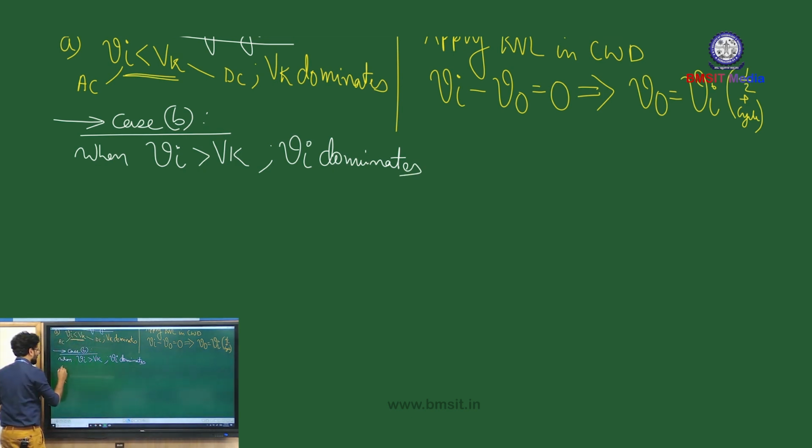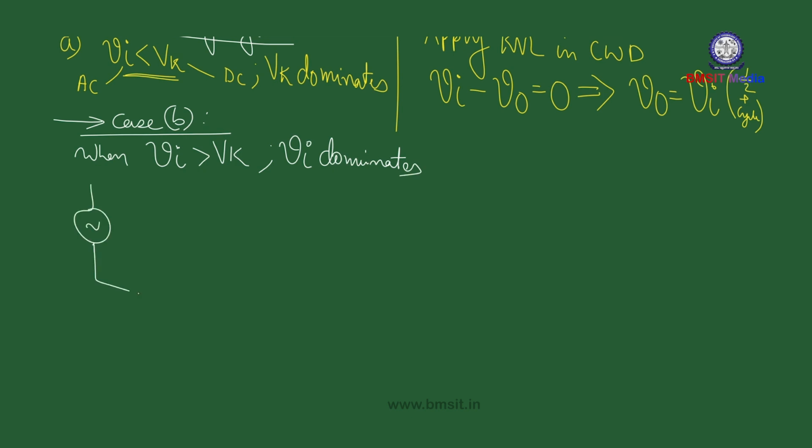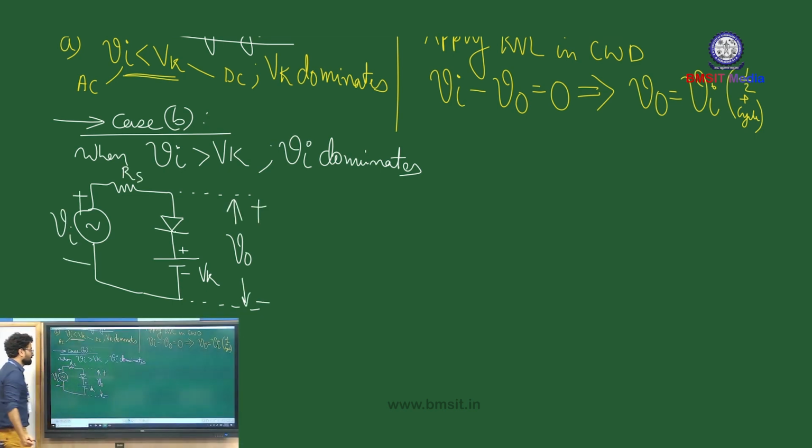Let us comment on its dominance with the help of the circuit diagram. So this is your ideal diode, followed by... alright. So which is the dominating source? Vi is the dominating source in this case.